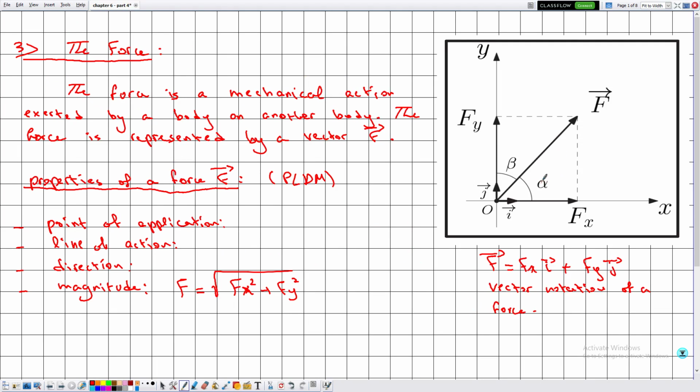Now, given the angles alpha and beta, we are interested in determining Fx and Fy.